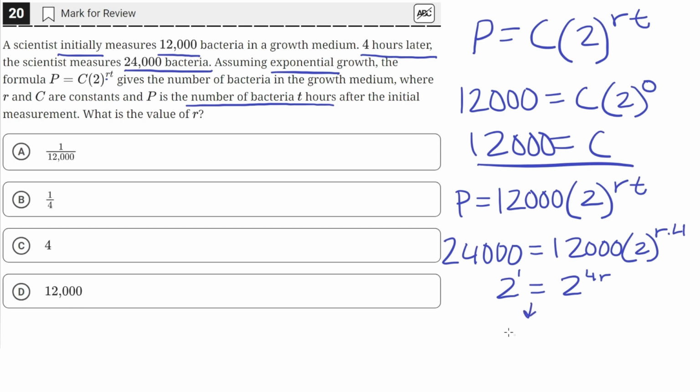So to find the value of r, we need to solve this equation here, 1 equals 4r. So we can just divide both sides by 4, and we'll get that r is equal to 1/4. So the value of r is just 1/4, which is answer choice B.